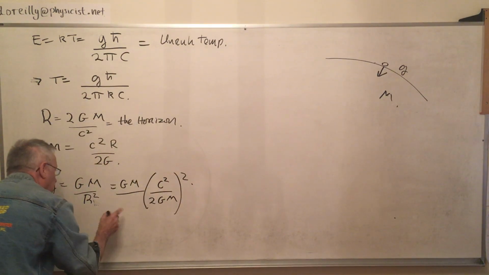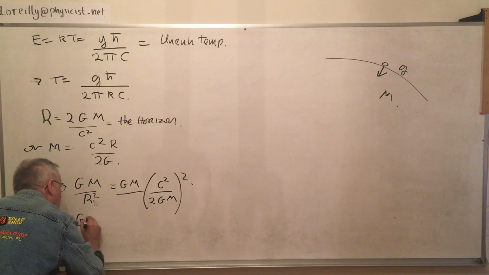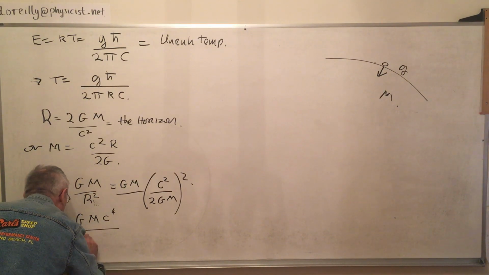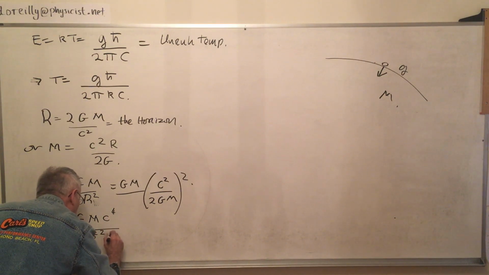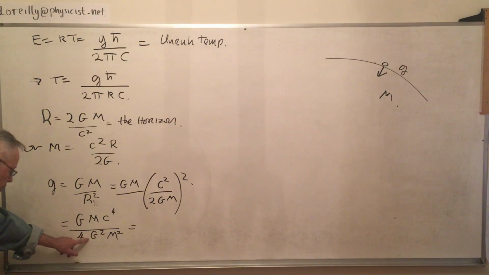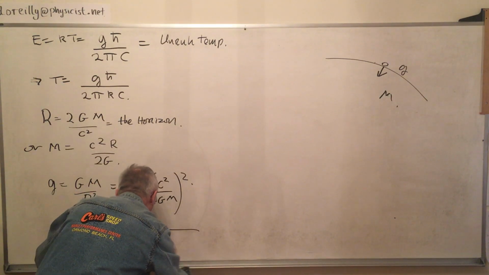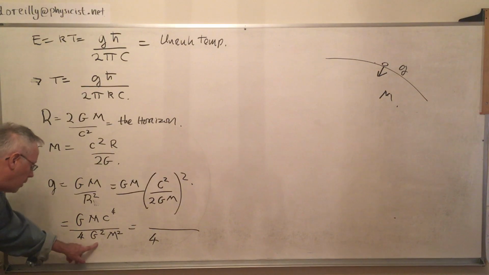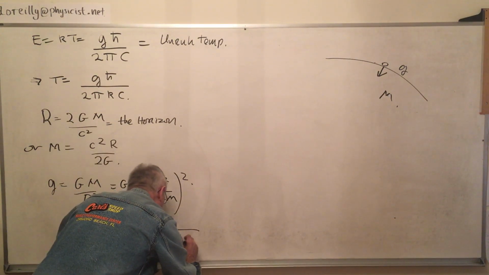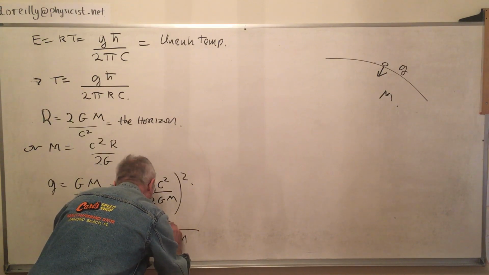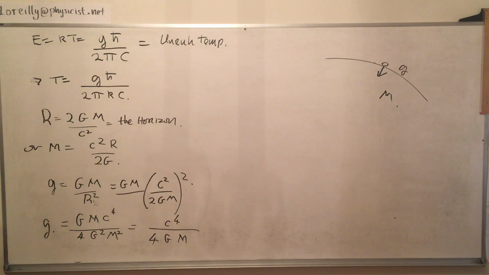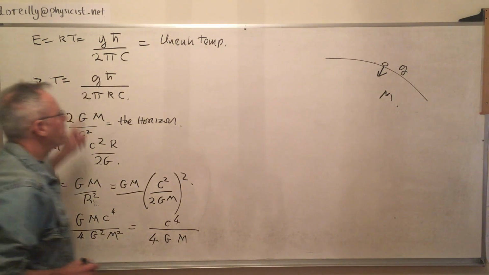And I get an expression for the g. And I just simplified things. G and a g gives me 1 over g. There's a 4. Look at it. 1 over g. M, 1 over m. And a c to the 4th. So that is g. So let's substitute that into our t here.